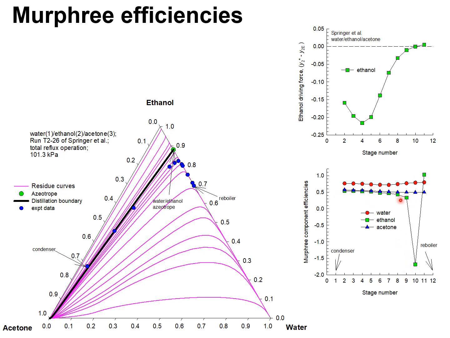Ethanol is the component with the intermediate volatility, and since it has intermediate volatility, its driving force changes in sign from negative to positive depending on the location in the column.